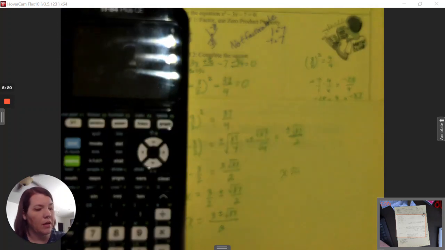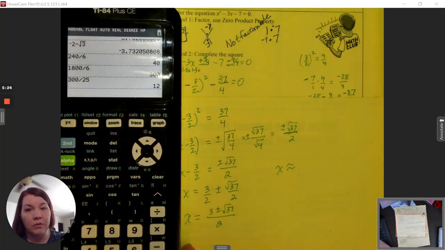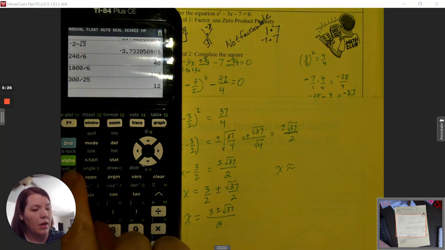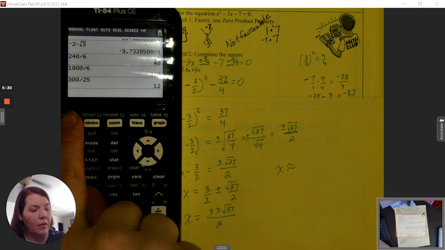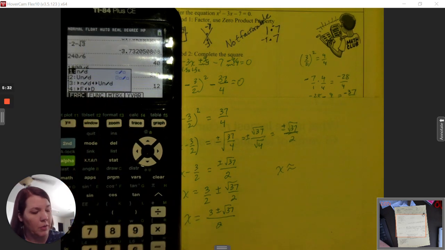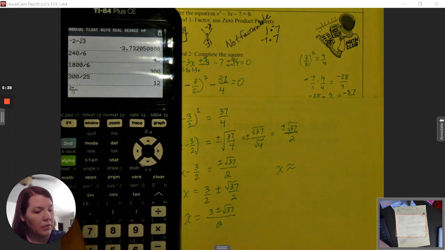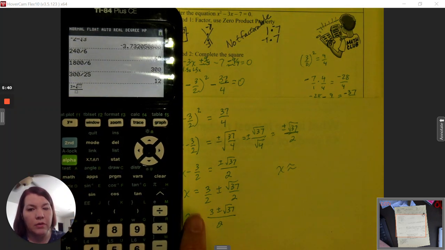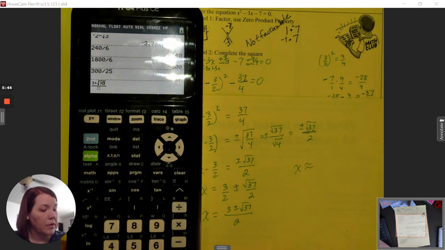This calculator is awesome in a lot of ways. One of my favorite things it can do is fractions. If I click on alpha, y equals, I pop up this fraction menu. I'm going to type in 3 plus the square root, second, and x squared, 37 over 2.